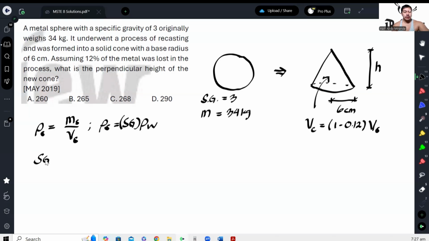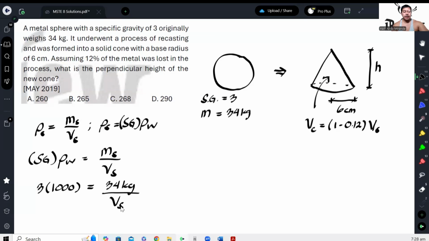So now, we can plug this in here. So specific gravity times density ng water ay equal sa mass ng sphere divided by the volume of the sphere. So from here, we can definitely solve, no, the volume of the sphere. So lagay ko lang ng value. This is 3. This is 1,000 kilogram per cubic meter. And then this is 34 kilograms divided by the volume of the sphere. Okay?